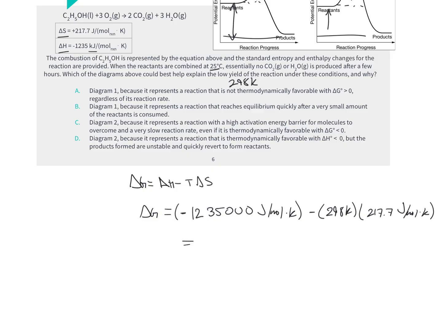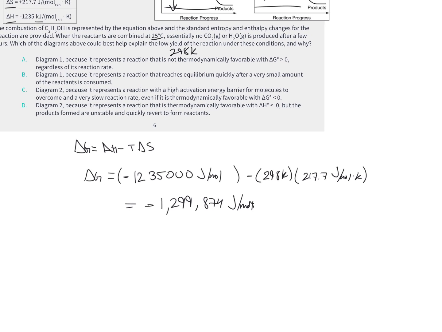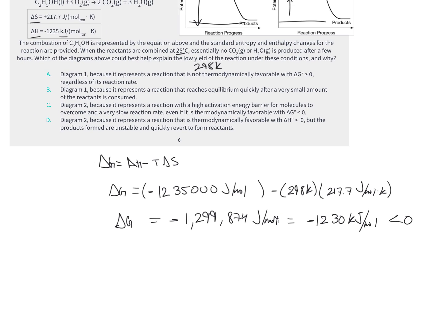When we do the math, we get negative 1,299,874 joules per mole. And I apologize, this should actually be just joules per mole. The units for enthalpy do not have Kelvin on it. But that's negative 1,299,874 joules per mole, which is negative 1,299, we'll round up to 230 kilojoules per mole. That's what delta G equals. So it's less than 0, so it should be spontaneous.